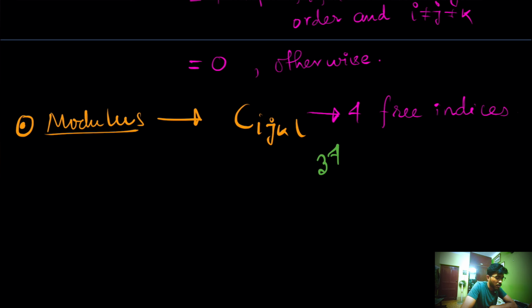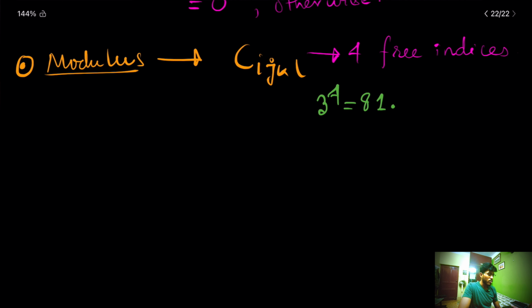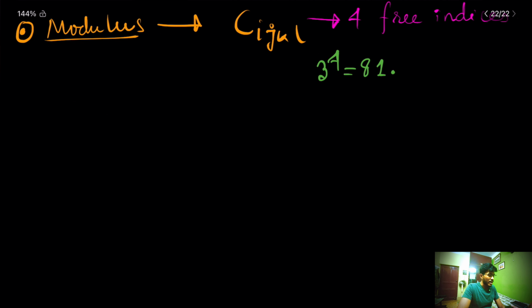That will be 3 to the power 4 equal to 81. Okay. So now let me introduce the concept of tensor.